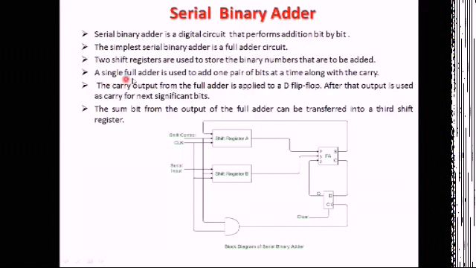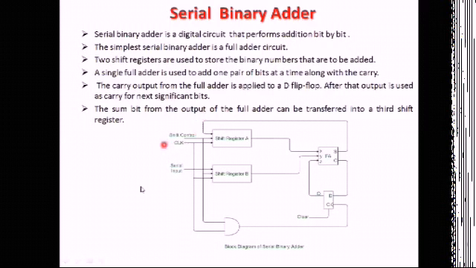A single full adder is used to add one pair of bits at a time along with the carry. The carry output from the full adder is applied to the D flip-flop. After that, the output is used as carry for the next significant bit. Next, the sum bit from the output of the full adder can be transferred to the third shift register.